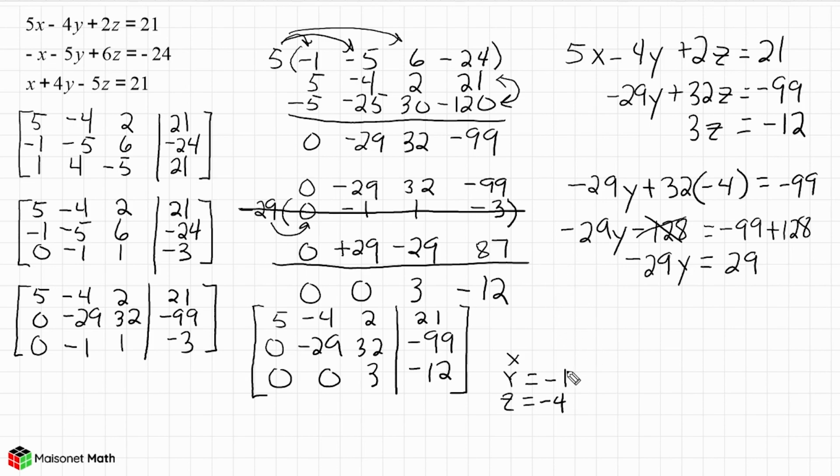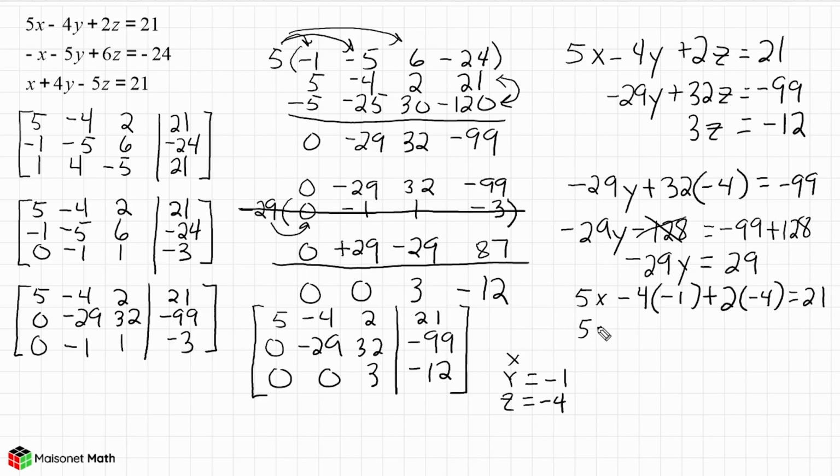All right, now we know what y and z are, so let's plug both of them into our first equation and solve for x. So we have 5x minus 4 times our y value, which is negative 1, plus 2 times the z value, which we know now is negative 4, and set that equal to 21. All right, let us go ahead and simplify a bit.